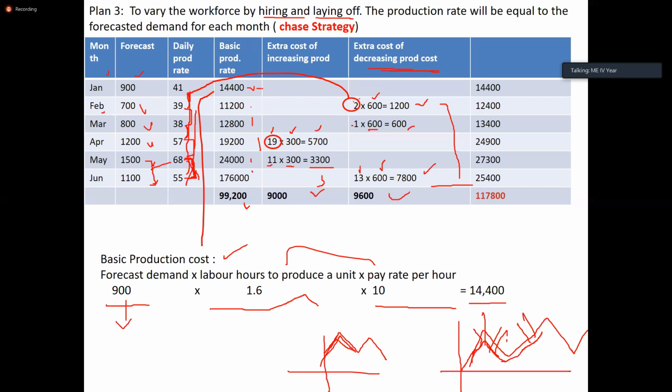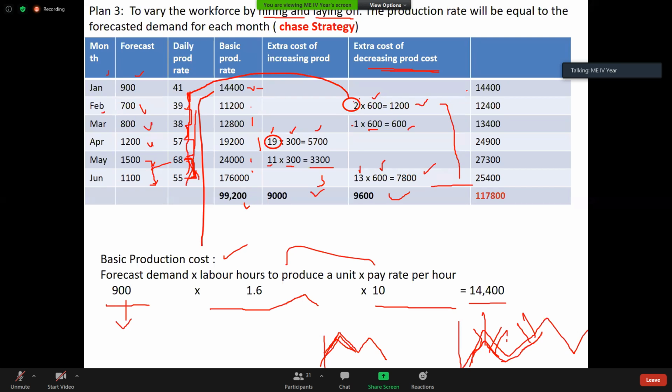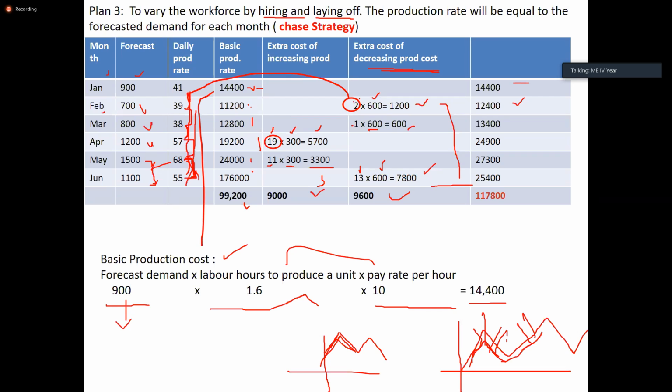So basic production rate, you will get this 14,400. So this value comes from here. So basic production, okay, that is 11,200, and for removing the employees you are paying 1200 excess. So that is adding 11,200 plus 1200, you will get around 12,400.